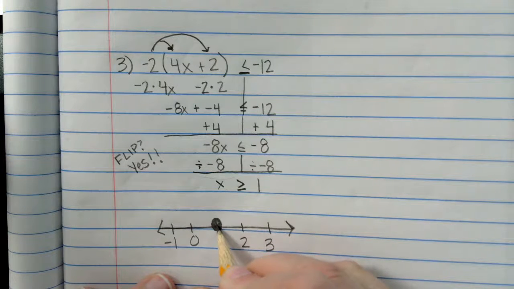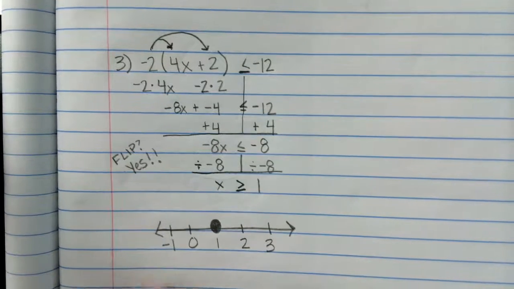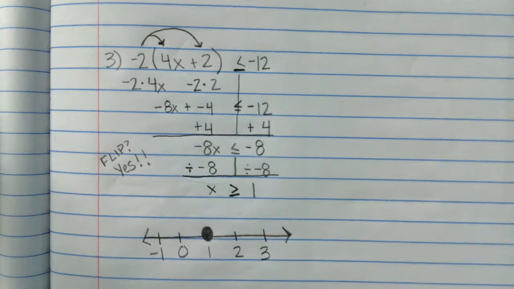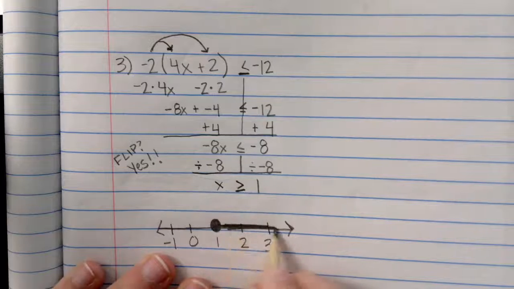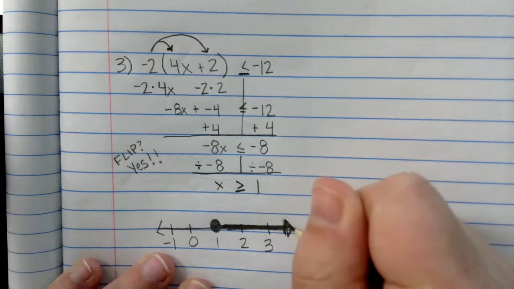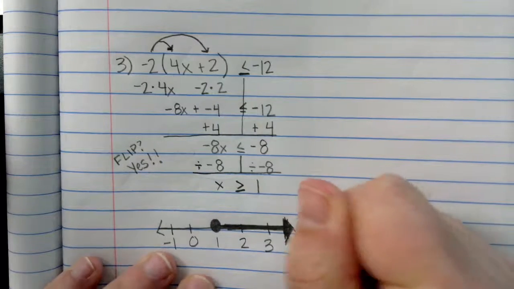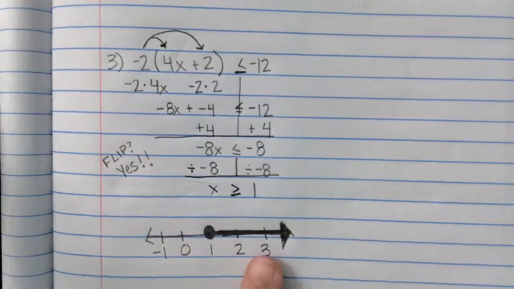Closed means we shaded in saying it is equal to, so it does work. And in which direction are the numbers greater? 2, 3. So I tried making that darker, that way I can see that that's the side shaded in.